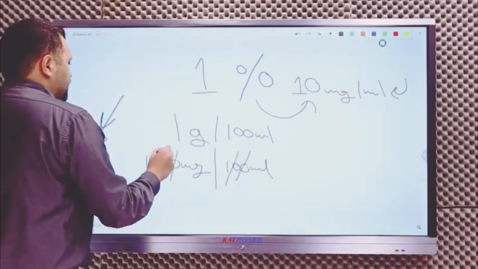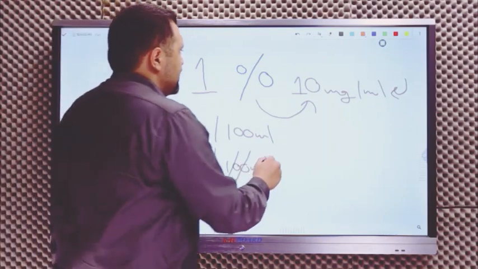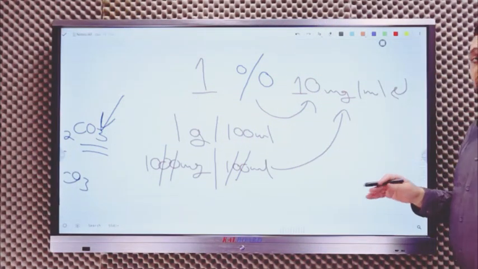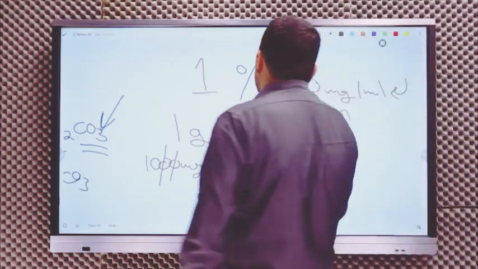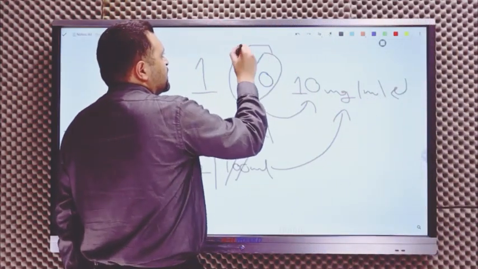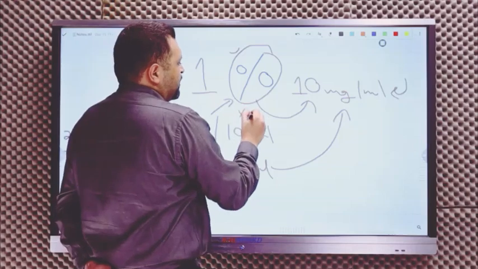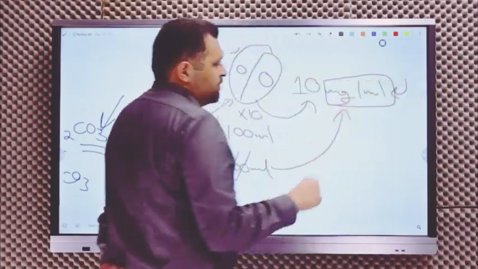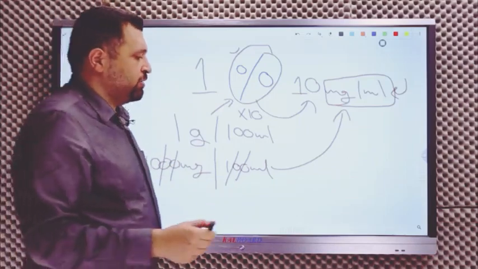After doing the division, it will give us 10 milligram per ml. So in anesthesia or pharmacology, whenever you see the percentage sign, just multiply by 10, and you will have milligram per ml. But what's important about this?